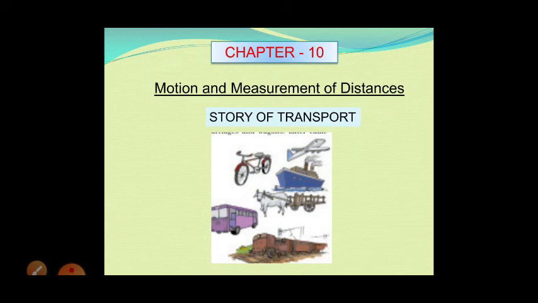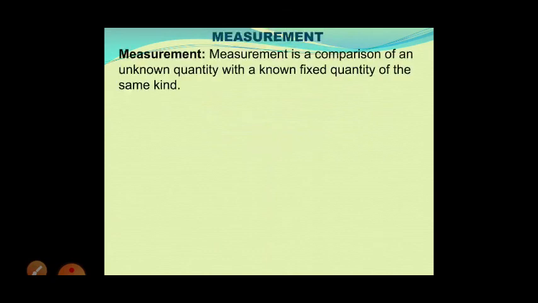Now first we will see the measurement. Already I have explained these things. Measurement is nothing but the comparison between two quantities. That means we have one known quantity, and with respect to that we measure the unknown quantity.